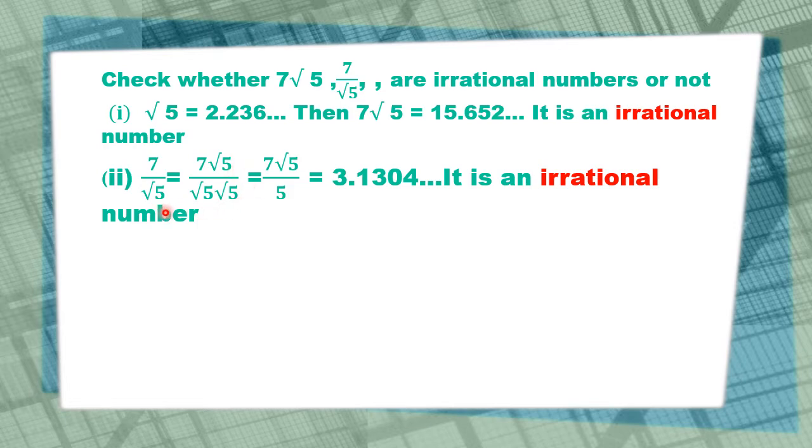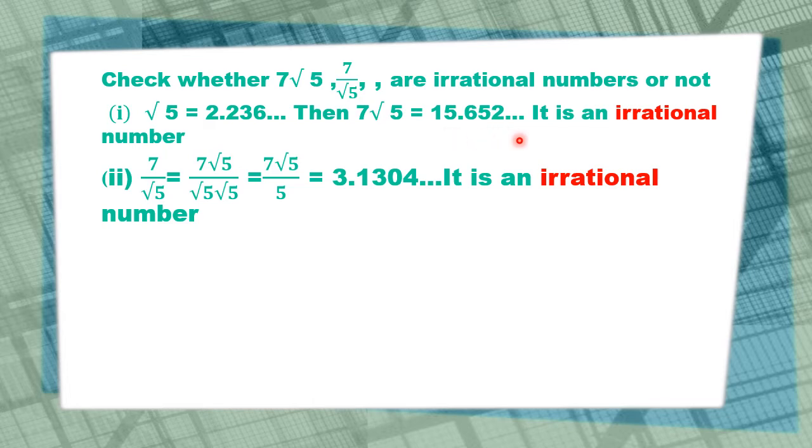Now here you can find that our motto was to rationalize the denominator, which we achieved. Now what about the numerator? In the numerator you have 7 root 5. This result is already there in the previous question. That is 15.652.